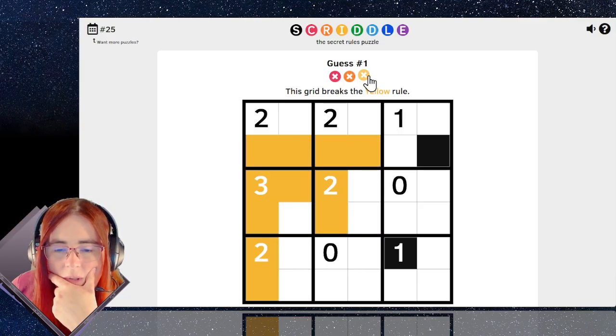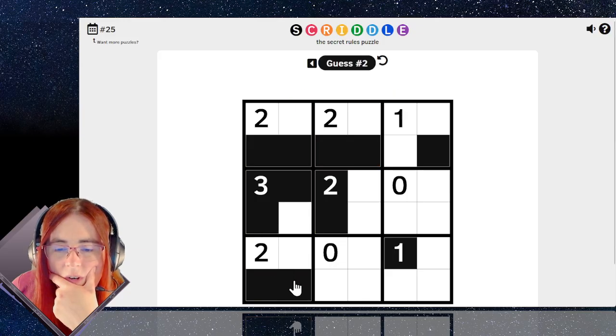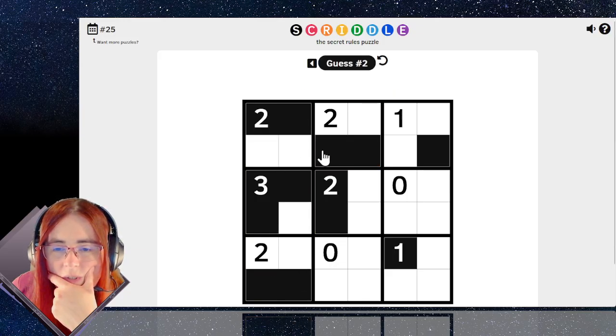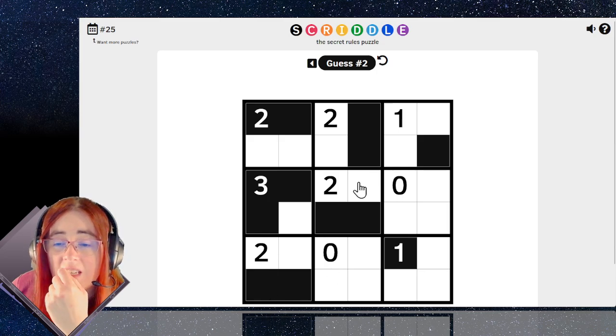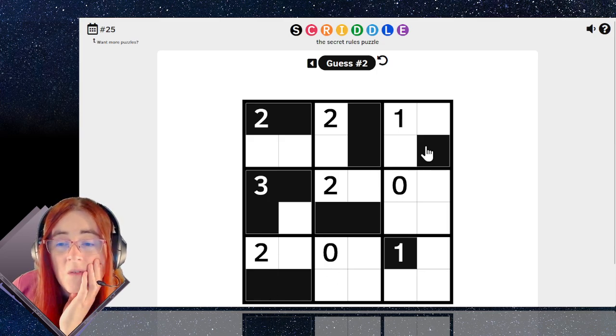Is it possible to avoid having cells in rooms touch other rooms? I mean, yes. Is that something we want to do?